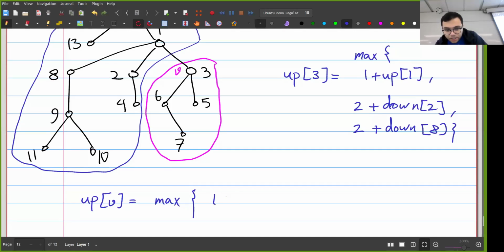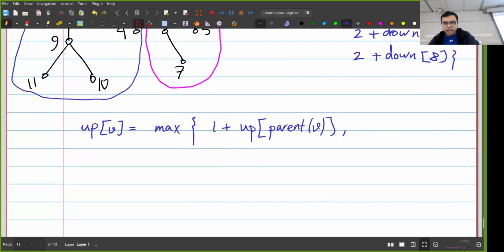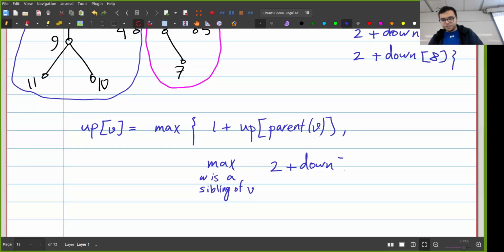So 1 plus up of parent of V, or I go to one of the neighbors, siblings of V. So maximum over W that is a sibling of V of 2 plus down of W.